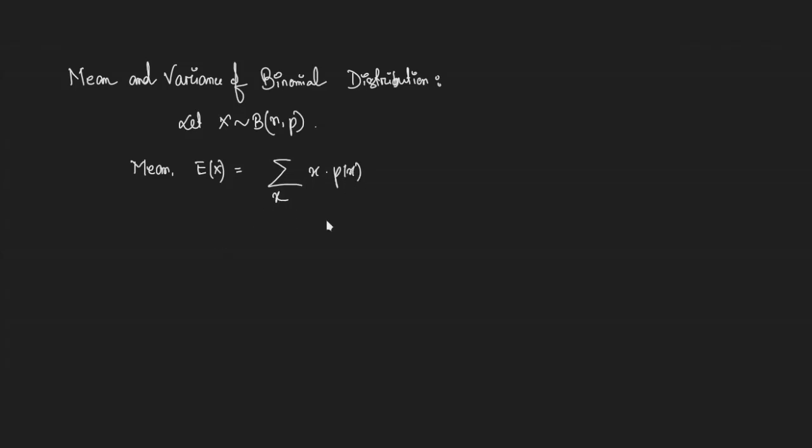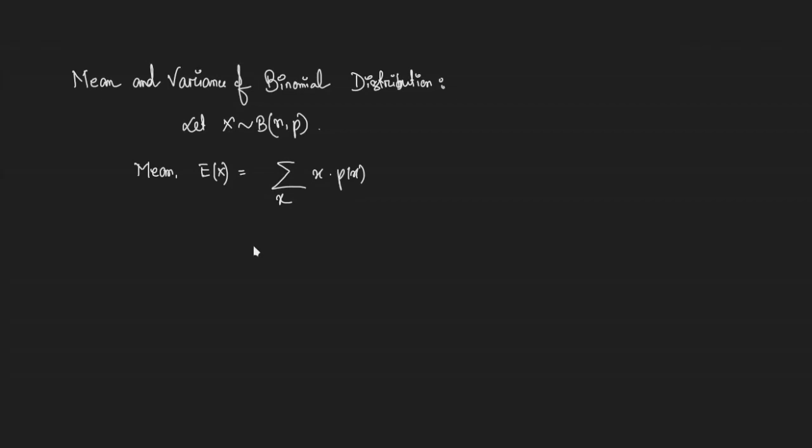This should be summed over the values of x. In the case of a binomial, x goes from 0 up to n. Here p(x) is the probability mass function, which is nCx p to the power x q to the power n minus x.